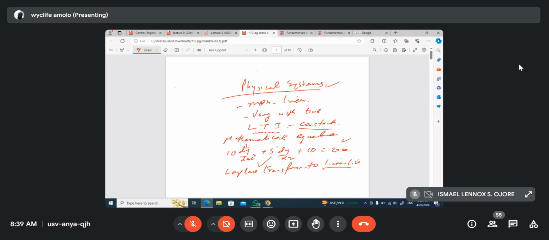Just like if you have something that is different, this section could be different from this section, and this section is different from every 1, 2, 3, 4. But to make them look the same, to make them understand each other, we use the Laplace transform. So they are all expressed in terms of S. So you have linearized them.